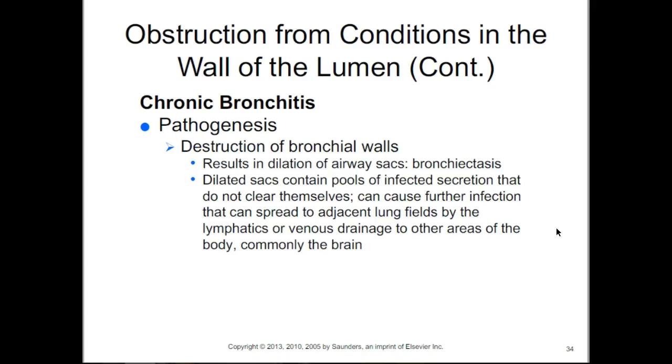So that causes something called bronchiectasis. So there's a dilation of the airway sacs, right? So you'll see that in a patient with bronchiectasis, think about your bronchial tree. Remember that it has the little branches, from the primary, secondary to tertiary bronchi.